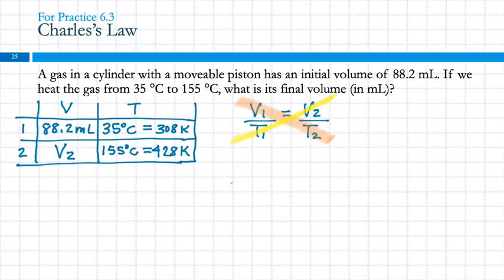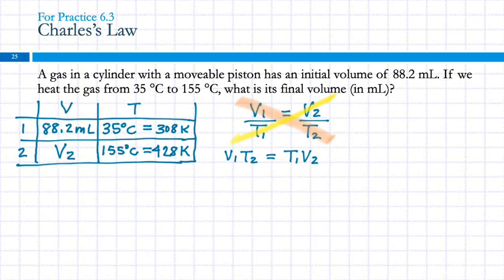So I can cross-multiply and get V1 times T2 is equal to T1 times V2. I got rid of the fractions, and so now I'm more likely to rearrange correctly.